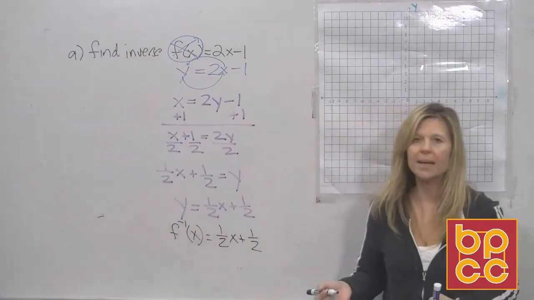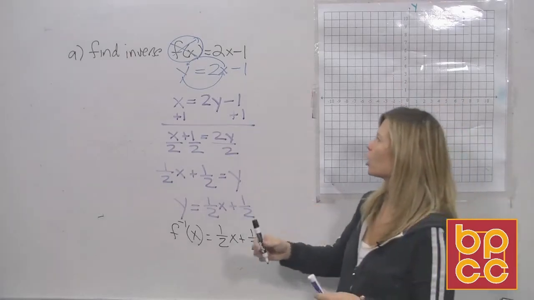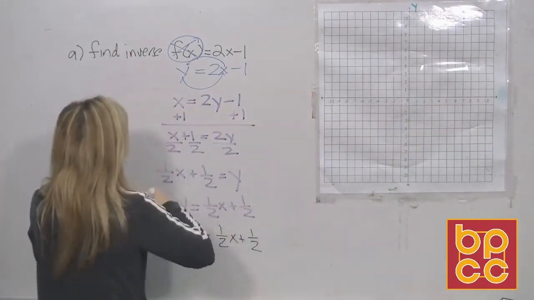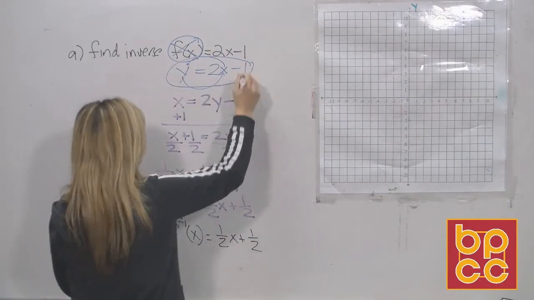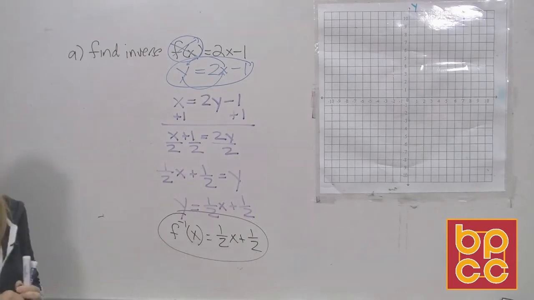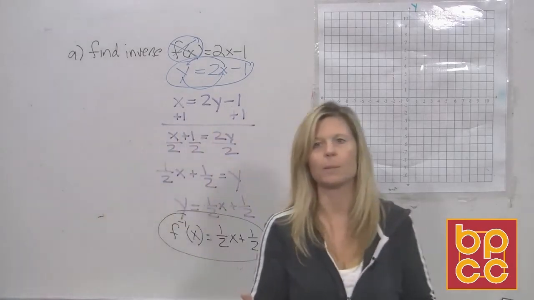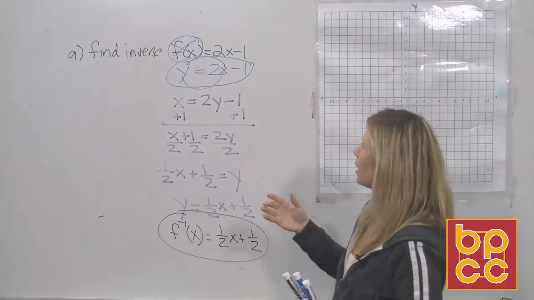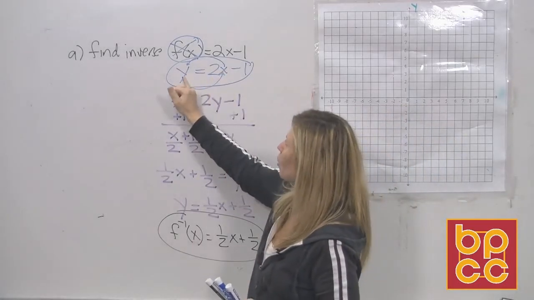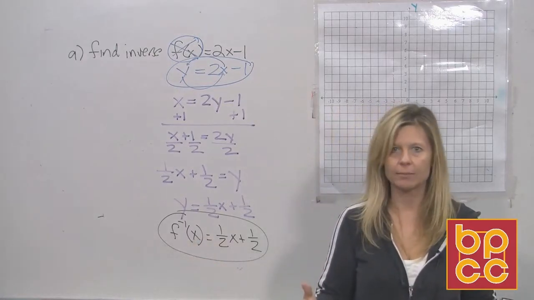Now, part B says, on the same graph paper, the same coordinate system, graph the original and graph the inverse. So now we're going to draw a picture. So now we're going to relate this to graphing, which you did back in Algebra 1. You should remember from Algebra 1, when an equation has an x and a y, it's a diagonal line.